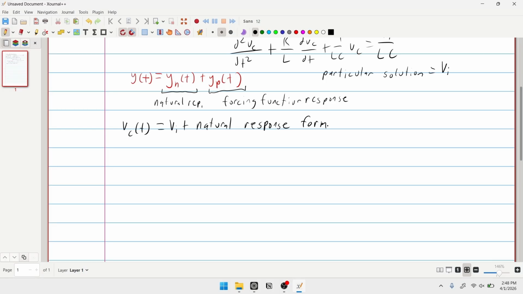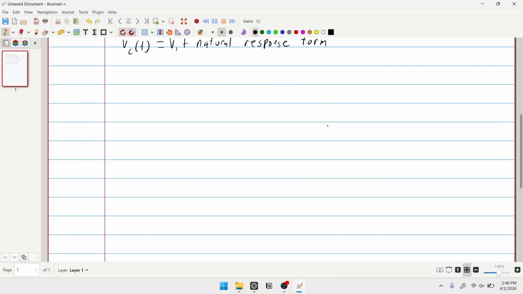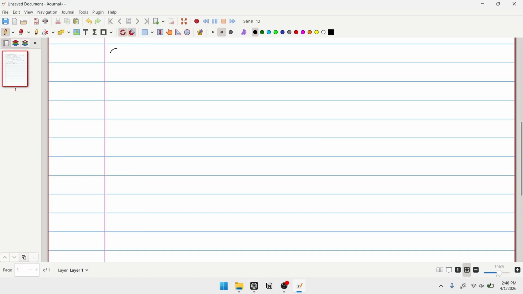Okay, so let's go straight to an example. Let's say we have a circuit with an input voltage of 48 volts. We have a switch, a resistor, an inductor, and a capacitor.